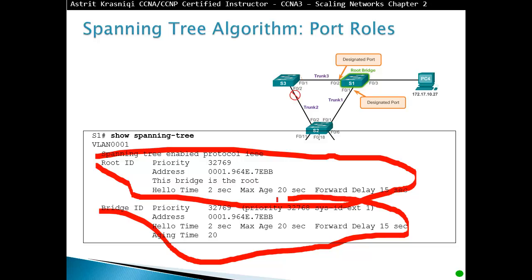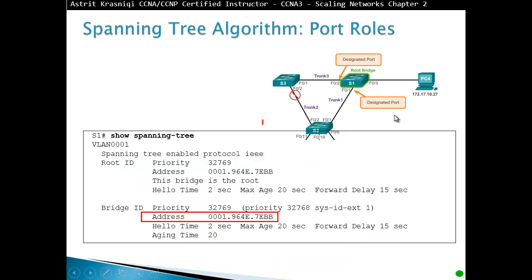Sorry, I'm not good at this. This is about the switch that you are running this command on. Can I undo? Okay, fine, I found out how to undo what I did. Anyway, this area here is about the root bridge. This area here is about the switch you run this command on.